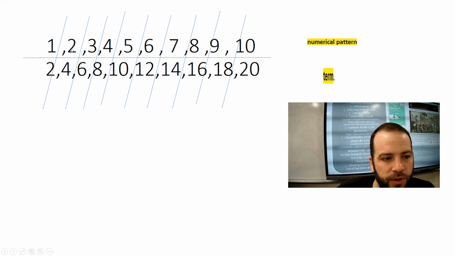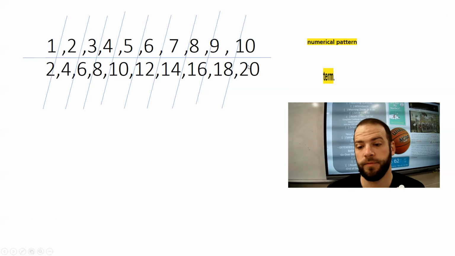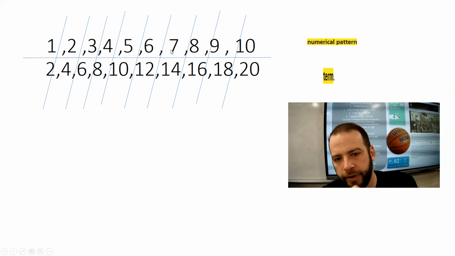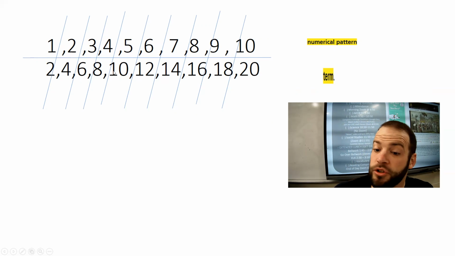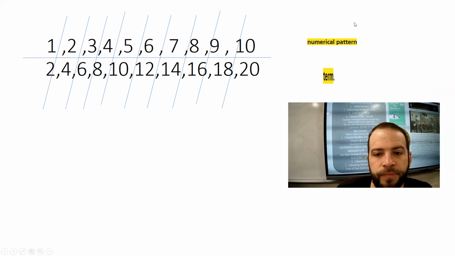Can you tell me what the pattern is on the top? +1. The pattern is +1 because it's 1, 2, 3, 4, 5, 6. And then the pattern on the bottom is +2. 2, 4, 6, 8, 10.